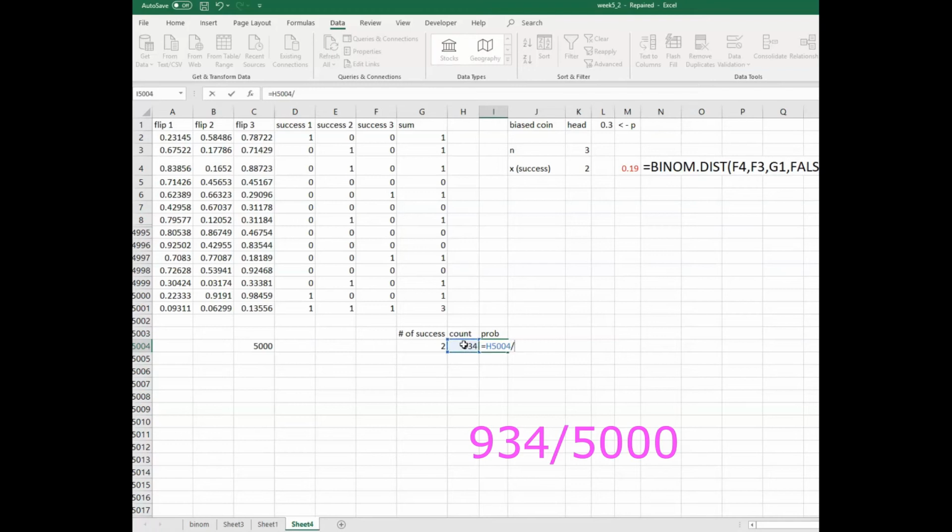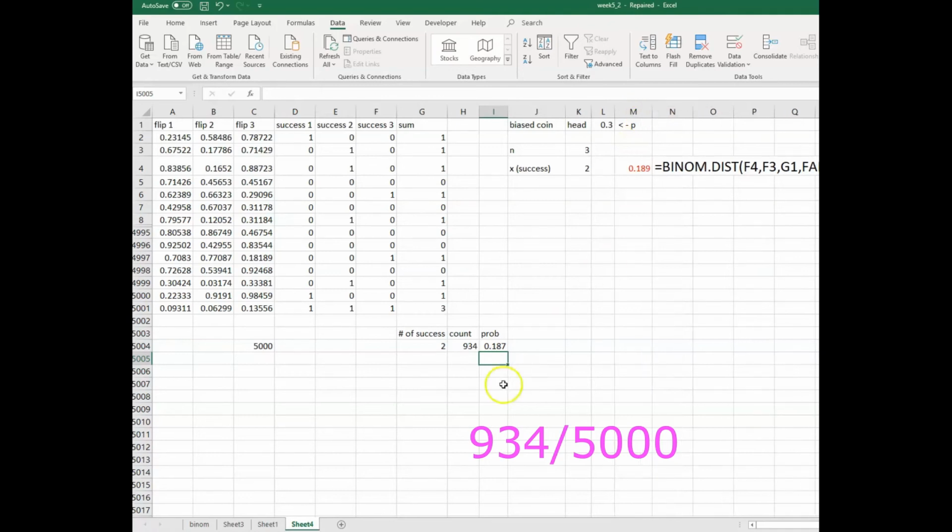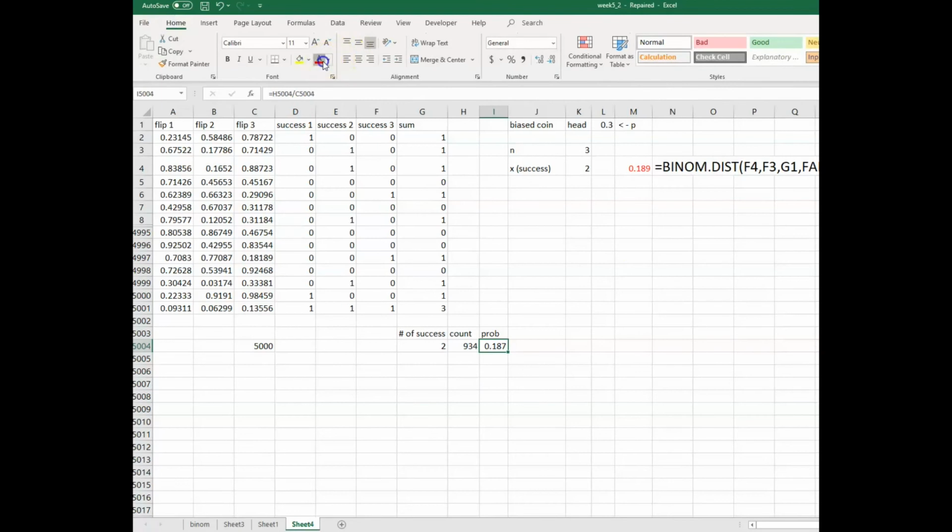This one divided by the total. So this is our value. It's 18.7%, so this is 18.9%, because we tried 5,000. Okay, so let's try another number.